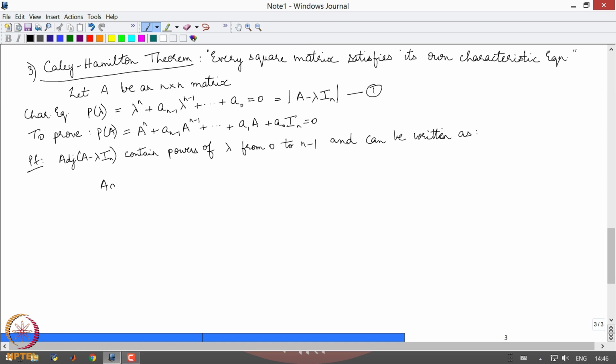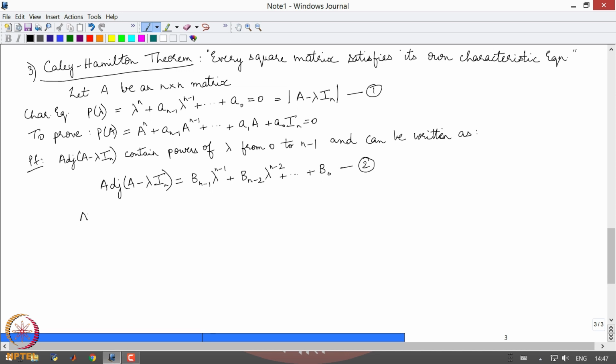Adjoint of A minus lambda I n is equal to, I will take some coefficients, b n minus 1 times lambda power n minus 1 plus b n minus 2 lambda power n minus 2 plus so on up to b naught, where b n minus 1, b n minus 2, b naught are all n by n matrices. So, this I will denote as equation 2.